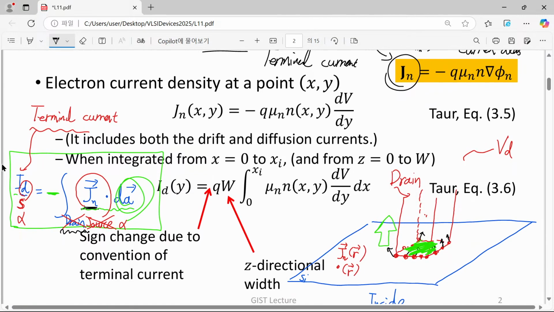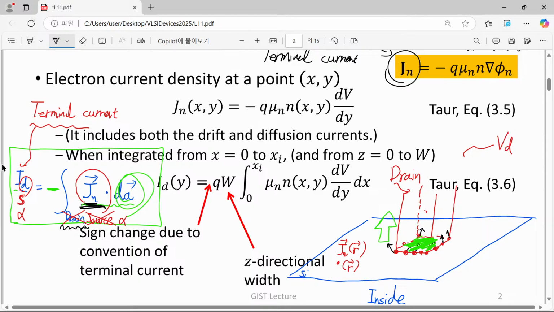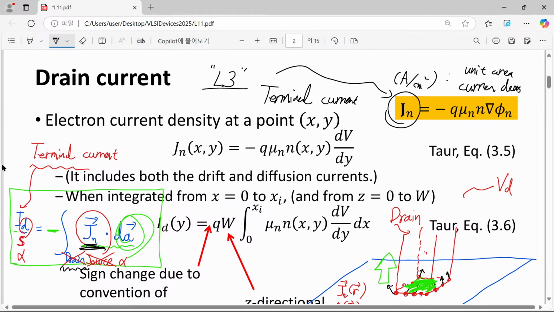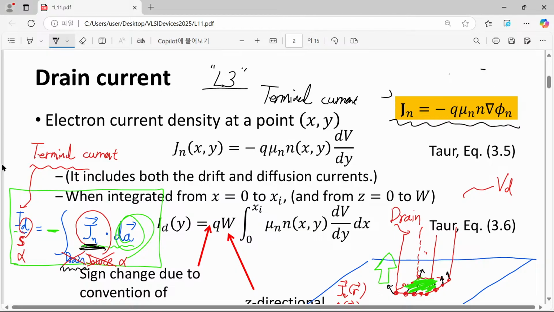That is an important point. So now we understand that, in order to calculate the drain current, we have to calculate the current density, and current density has the form of this expression. The current density vector is proportional to the gradient of the electron quasi-Fermi potential.